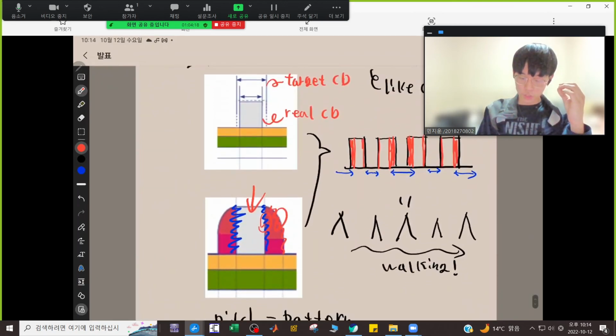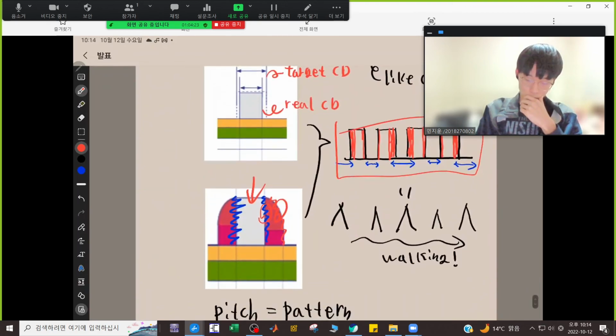So if you see this drawing, the inside of the spacer is damaged very much, and the outside has small damage.